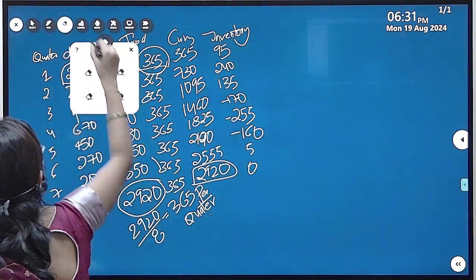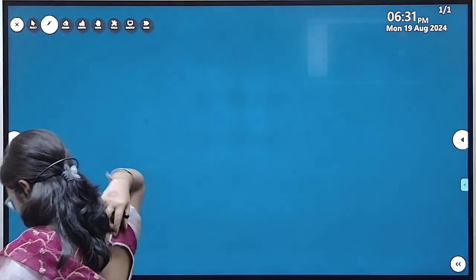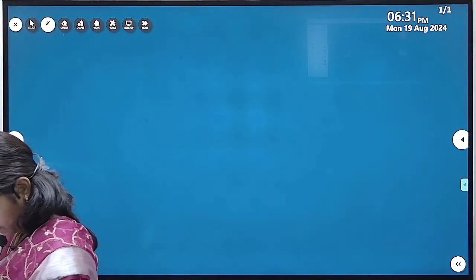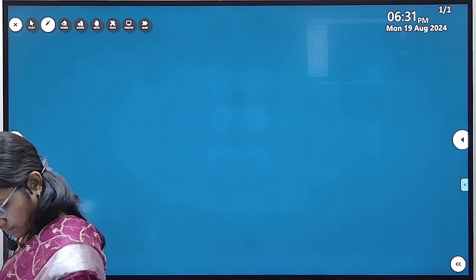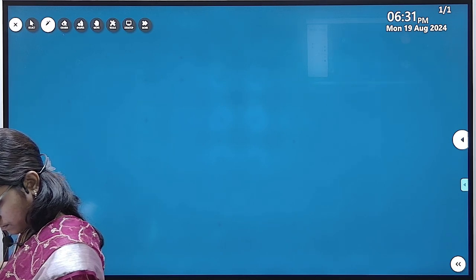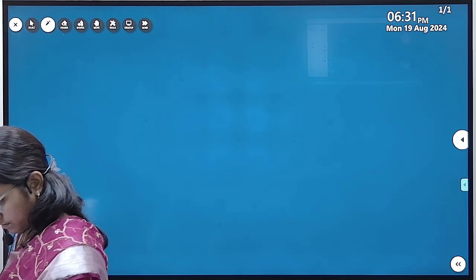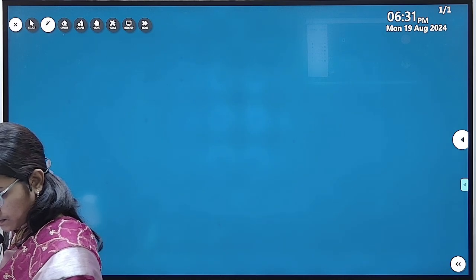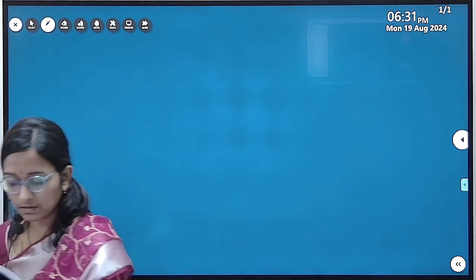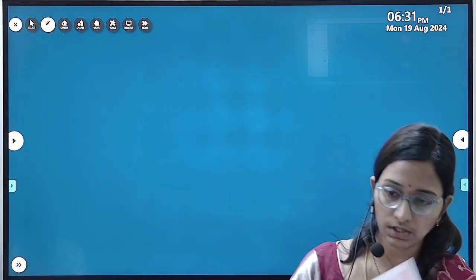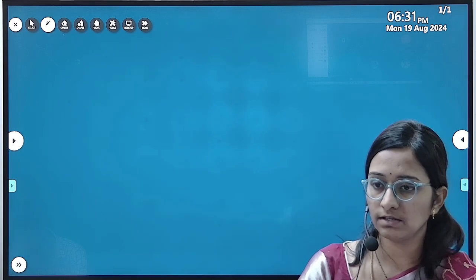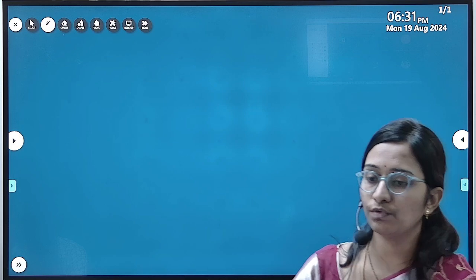So next let us see plan 3. Once do this 350 into this 50 per unit. That is what, 17,500 you are getting, right? 350 into 50.